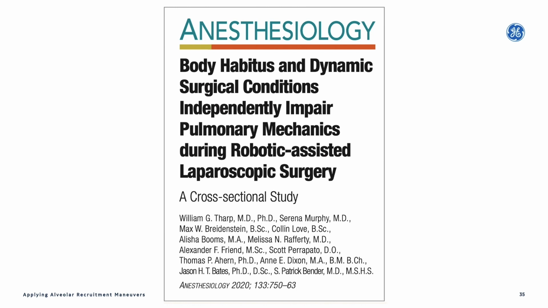In this study, published in 2020 in Anesthesiology by Tharp and others, the investigators looked to see how both body habitus, obesity, and dynamic surgical conditions, such as laparoscopic insufflation of the abdomen and steep Trendelenburg position, impacted pulmonary mechanics during robot-assisted laparoscopic surgery.